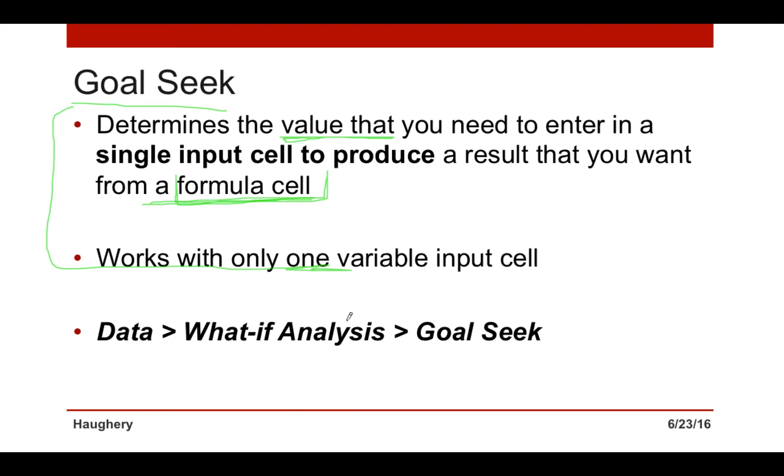That's located in the Data tab under What If Analysis and then Goal Seek. We'll demo this in a few minutes. But the takeaway here at the outset is that goal seek allows us to manipulate a value in a single cell until a result of a formula cell reaches a certain value, and we determine what that value is that we want.